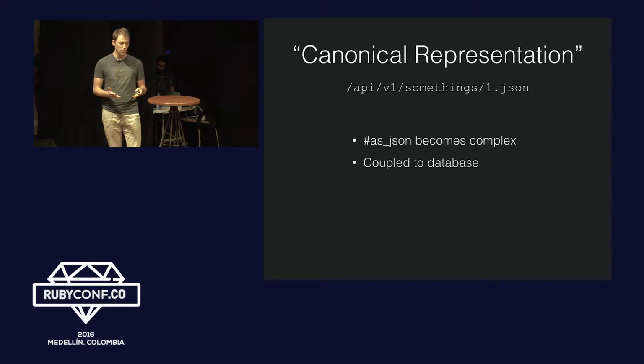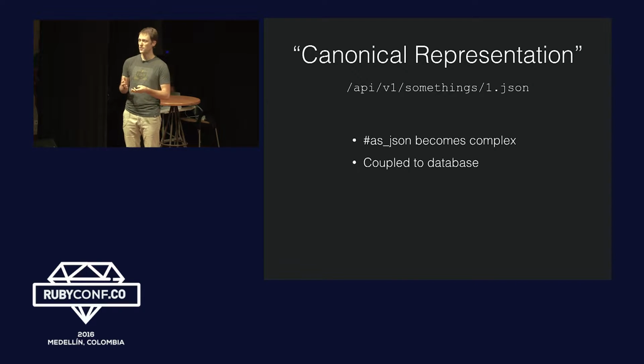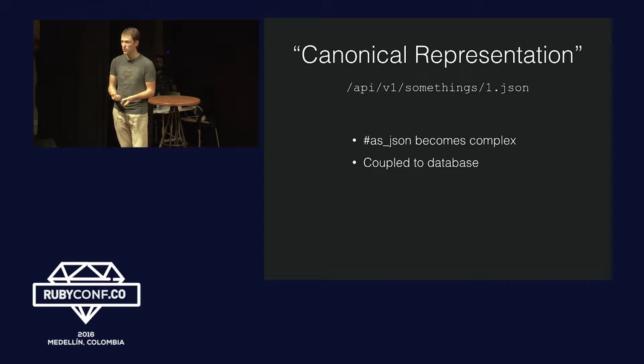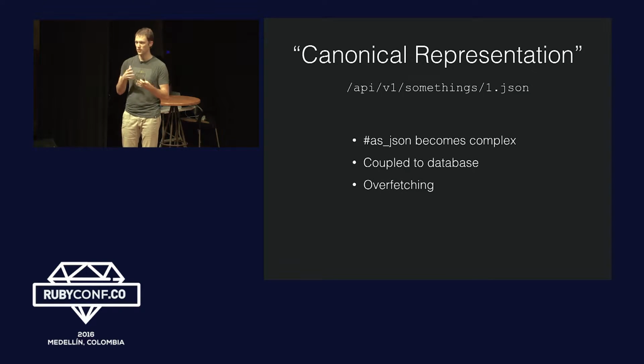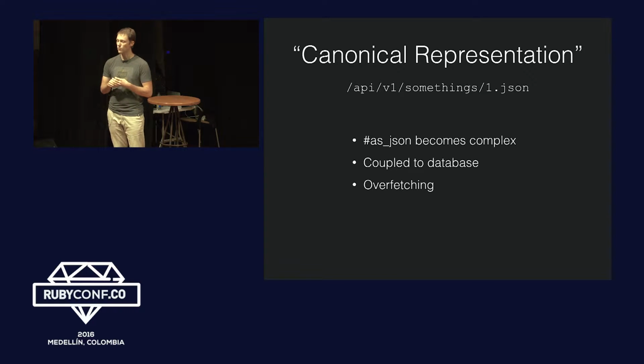Another problem is that by default, it's coupled to your database. Whatever columns you have in your database, that's what comes from asJSON. If you change your database, asJSON will also change, and some clients may break, like your iOS app. The reason asJSON becomes complex is because we're trying to deal with these problems. One problem is overfetching.